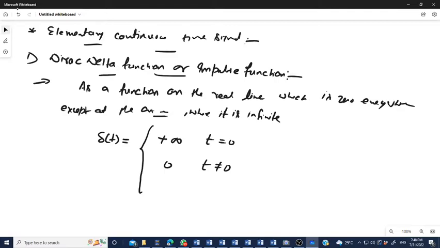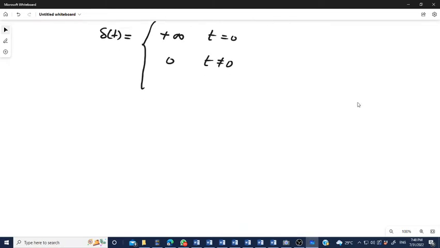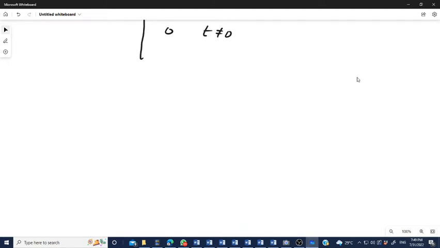So what is the concept? How is it defined? It is not a function. Let me explain the concept of the impulse signal in a moment.